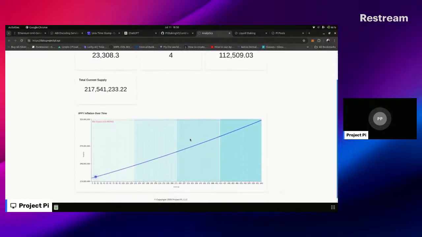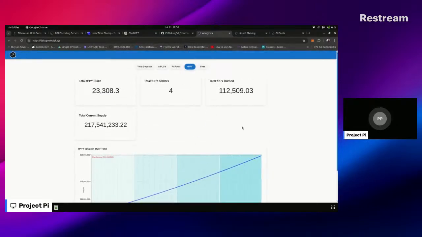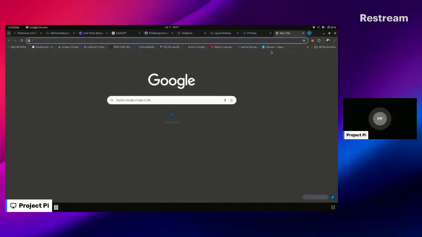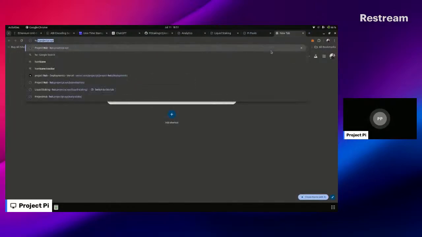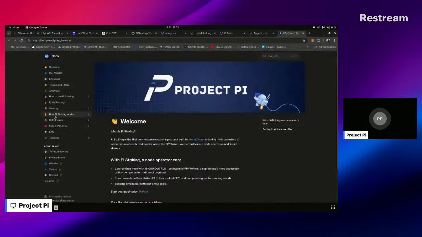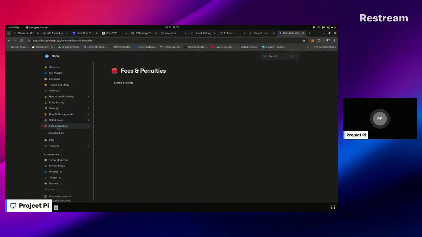So yeah, I mean, just making sure everything is transparent, and just putting everything out there in the open as far as what's going on. The last section here is just the fees. What I'm going to do is, and I already added this into our documentation at docs.projectpi.xyz, I can actually go to that real quick. So if I go to Hub and then I go to documentation, I can see the fees and penalties.